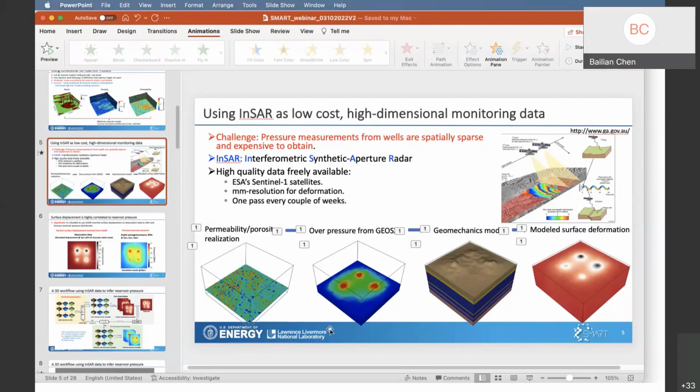If you have the pressure build-up information in the storage reservoir, you can probably directly use that as your observation data in history matching, without going to the displacement observational data and then back to the pressure prediction. That's just my thought. I think we have also done a lot of work directly using the pressure images for data assimilation. Yeah, I agree with you.